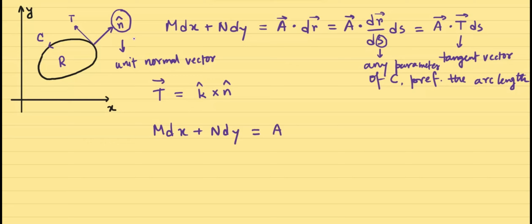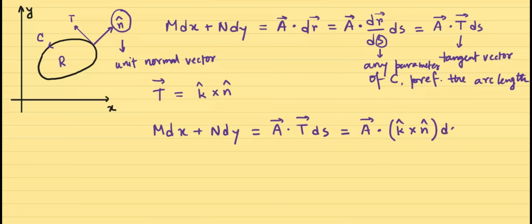Alright, so this would give us m dx plus n dy equals A dot t ds. But of course t can be substituted by k cross n, which you've just noticed, so A dot k cross n ds.